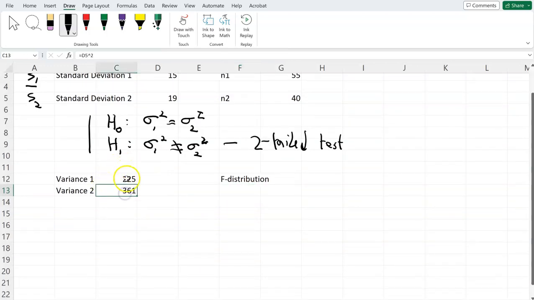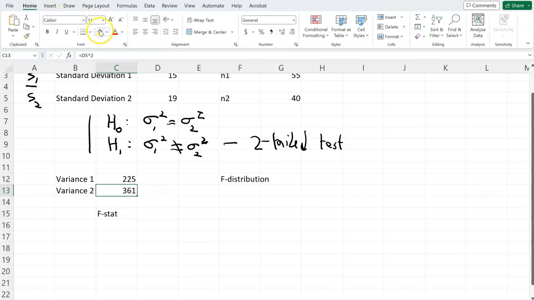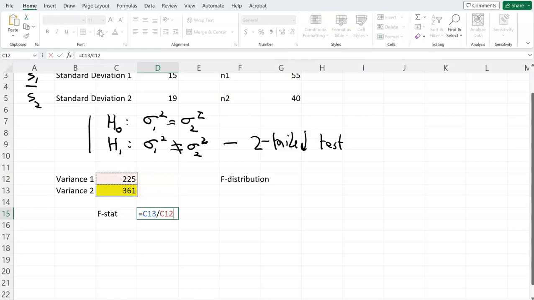So in our case, how do we find the F stat? We have our variances. What I will do is make sure which variance is the larger one. I find that this one is the larger one, so that will be in the numerator. So 361 divided by 225, this will be my F stat.